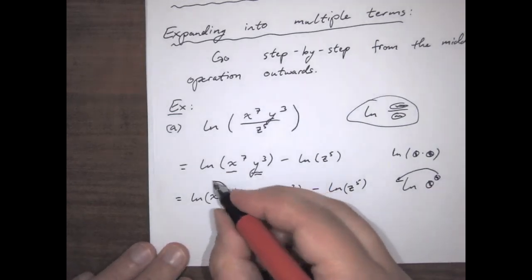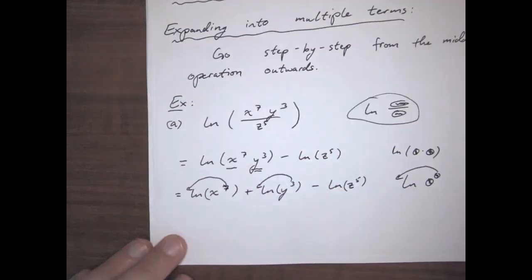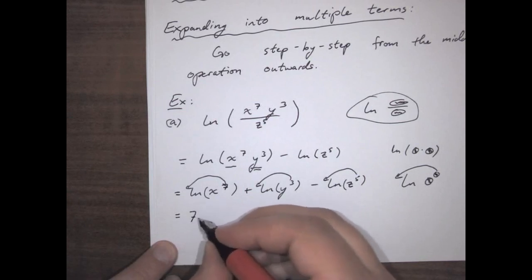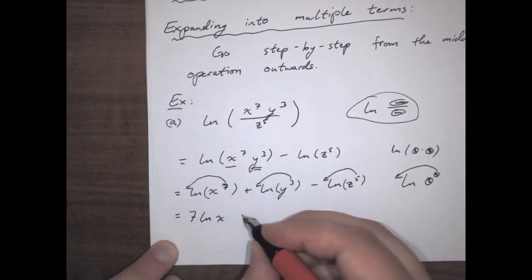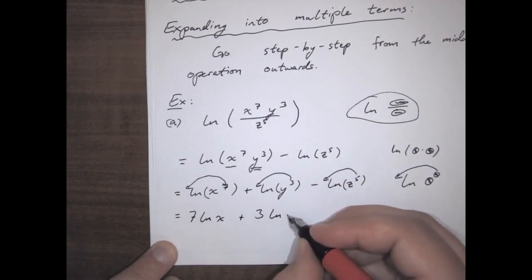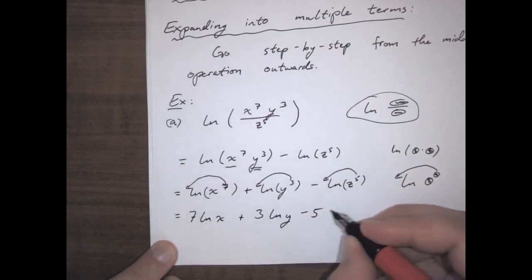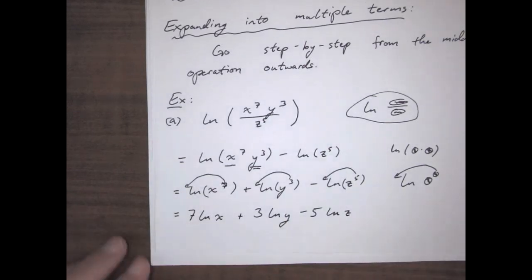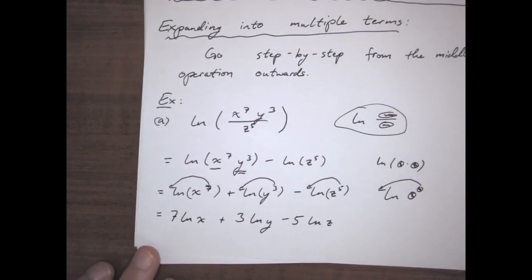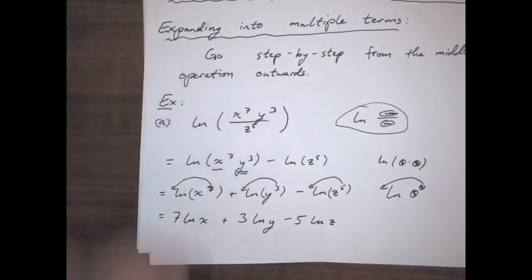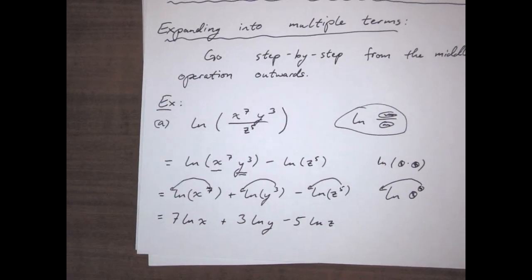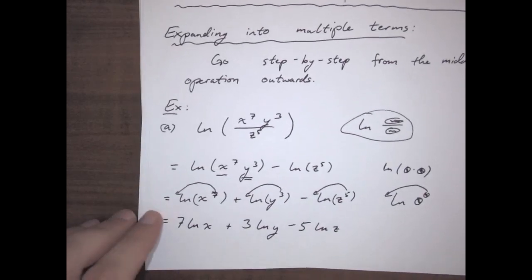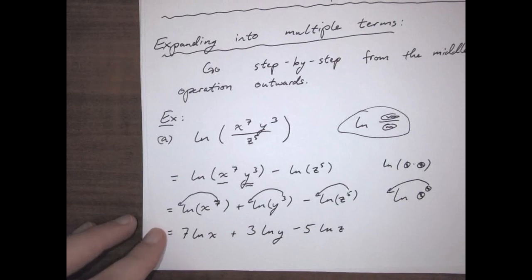So the power comes down. And that means we've got 7 natural log x plus 3 natural log y minus 5 natural log z. So once again, we had to work our way from the inside of each logarithm outward. You want to say, is this a logarithm first and foremost of a product, of a quotient, of a power, of a root?